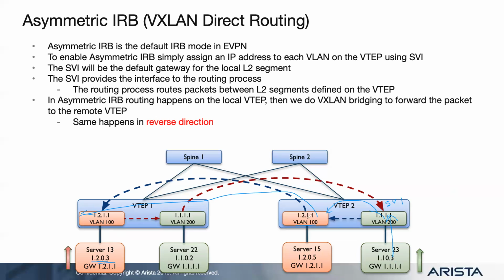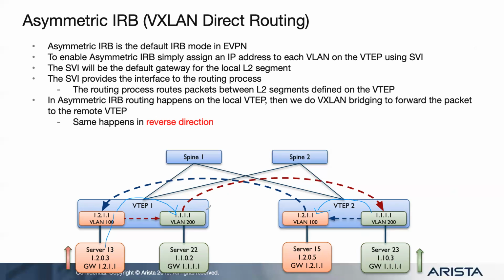So if you see the difference, for forward traffic, routing is done here on this VTAP. But for reverse traffic, routing is done on this other VTAP. It's not the same VTAP that does routing from VLAN 100 to 200 or 200 to 100. It is not only one single VTAP.